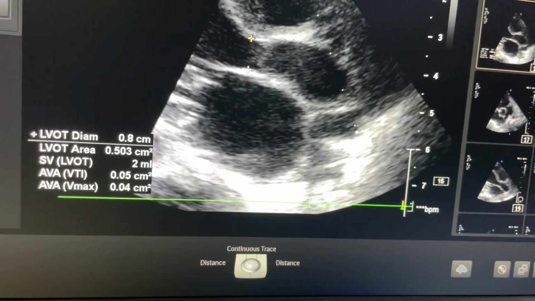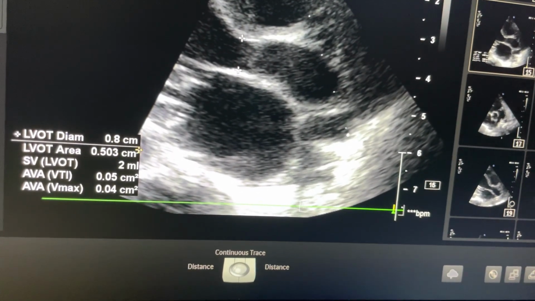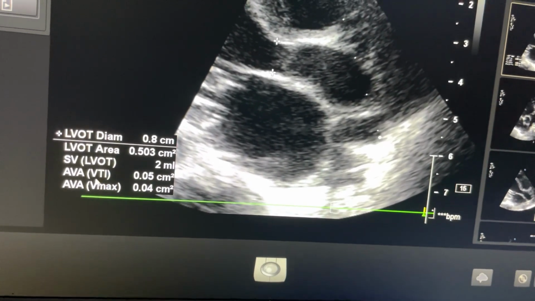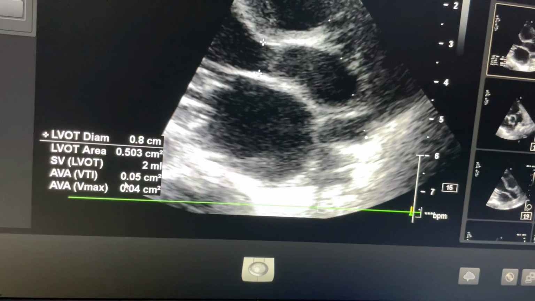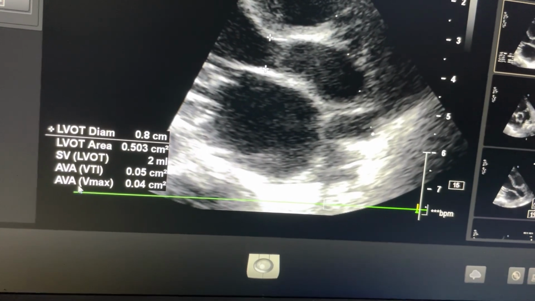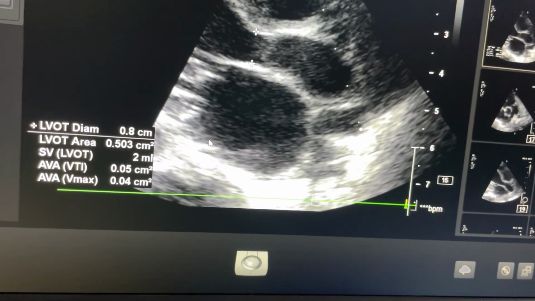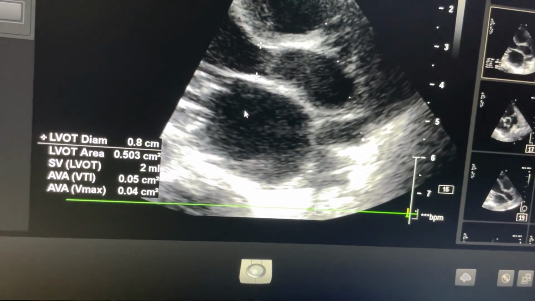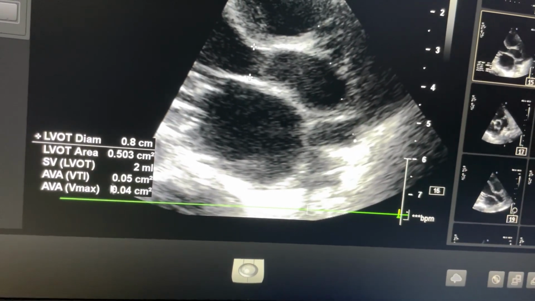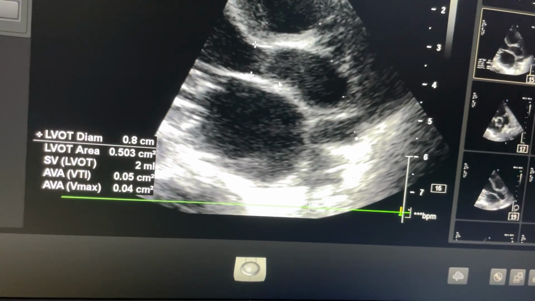This is the measurement of LVOT diameter, 0.8 centimeter. Ultimately the aortic valve area by the velocity time integral method is 0.05 centimeter square, and by the Vmax method it is 0.04 centimeter square. A 30-day-old neonate having this much less aortic valve area indicates severe aortic stenosis.